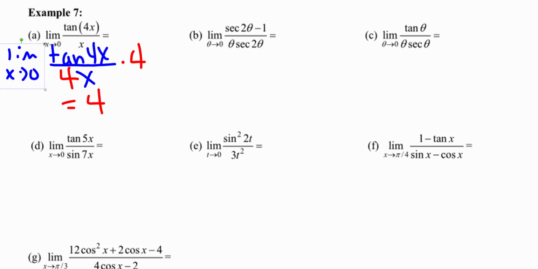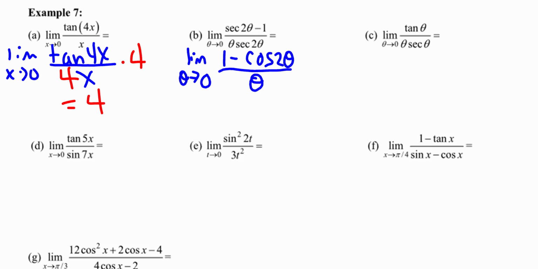This one's kind of close to the secant one. The cosine one. So let's divide everything by secant of 2 theta. Okay, so I'm going to get secant of 2 theta divided by secant of 2 theta, 1 minus cosine of 2 theta, all over theta.